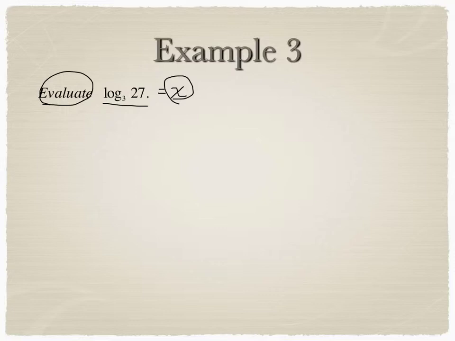And now you just need to rewrite it in exponential form. So we're going to take this 3 again, and we end up with 3 to the x, because the x gets bumped up. We end up with 27. And now this is just like what we did in 9.1. We're going to have to rewrite this in terms of base 3, because we want to isolate what that x is, right?